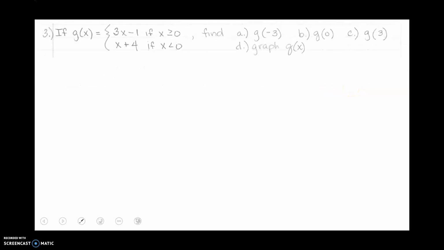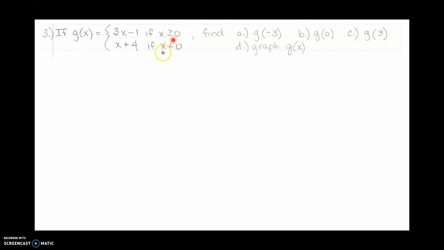All right, number 3 is a piecewise defined function. So when they ask me to find g of -3, I do not plug -3 into both pieces. I look at putting -3 in the place of x. So is -3 greater than or equal to 0?